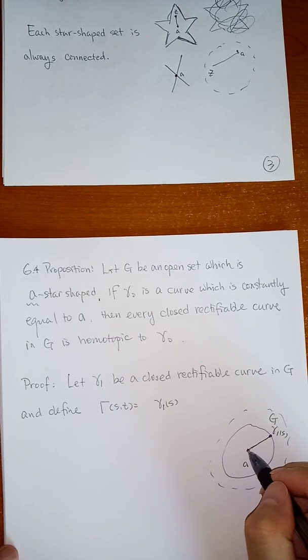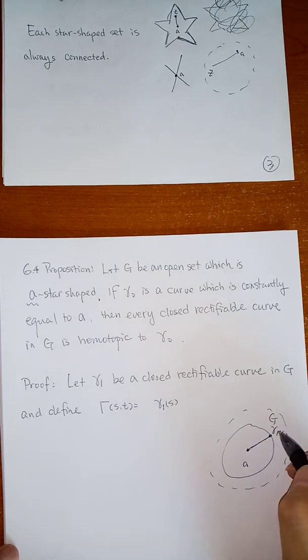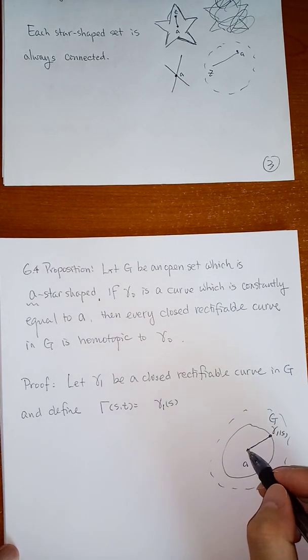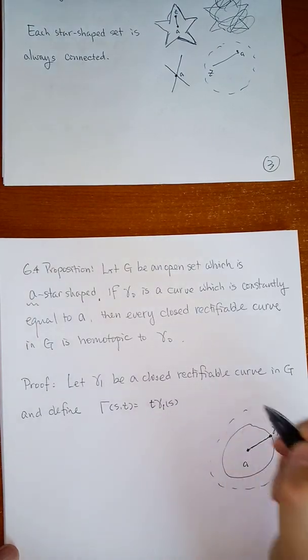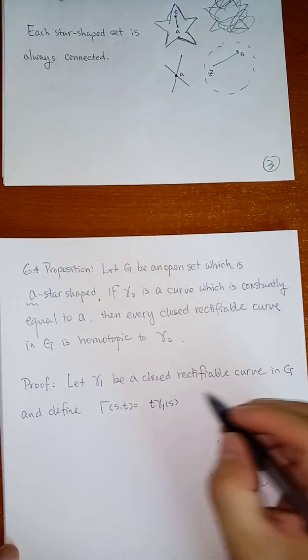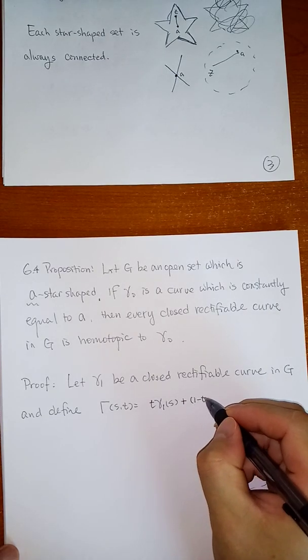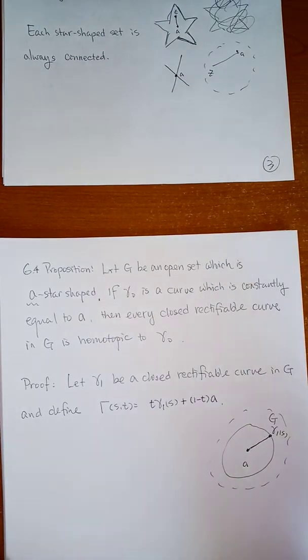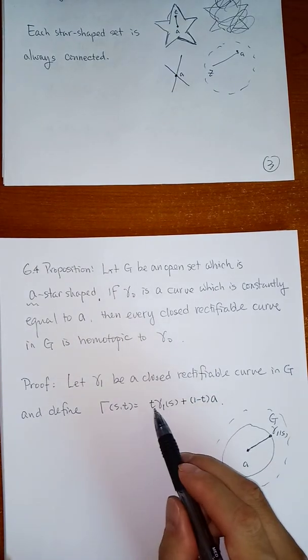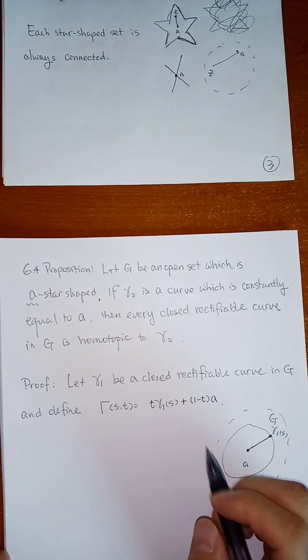So we start from A and we go to gamma 1(s). When t is equal to 0, it is equal to A. When t is equal to 1, it is equal to gamma 1(s).